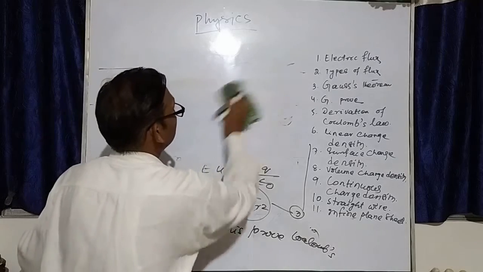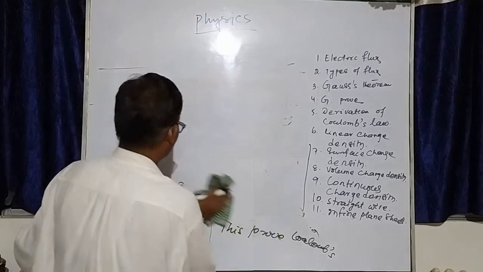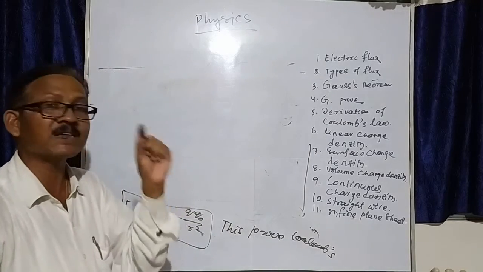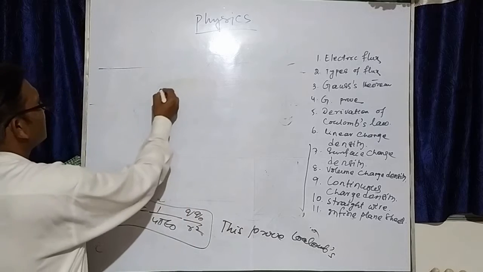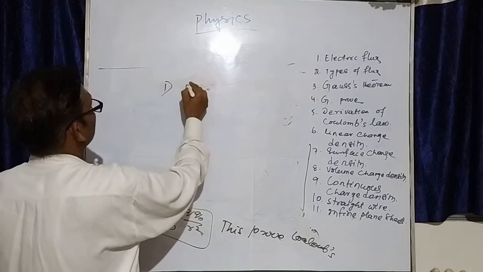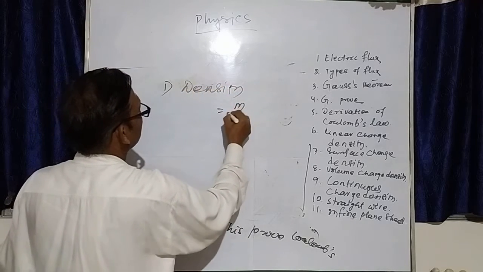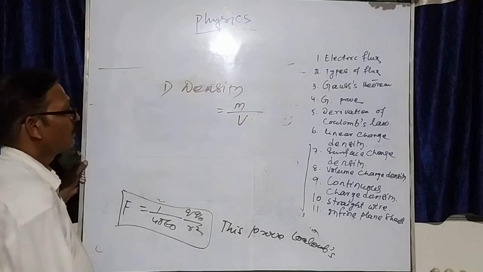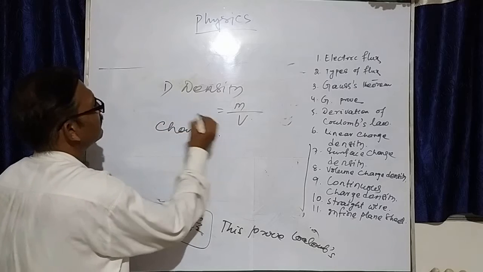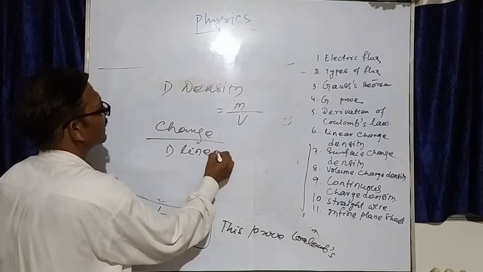Next, charge density. What is density? Density means how dense it is, how many lines of force there are. Density is equal to mass by volume. In case of charge, first come to linear charge density. Linear means straight.